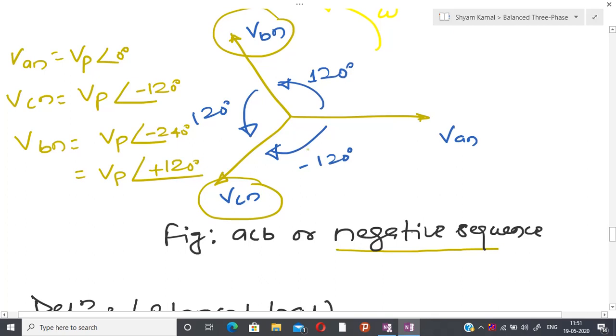So now I have an ACB sequence, and this is produced by the clockwise rotation of the rotor.